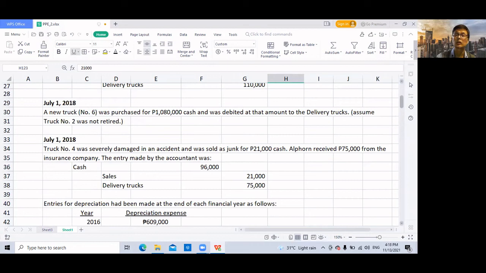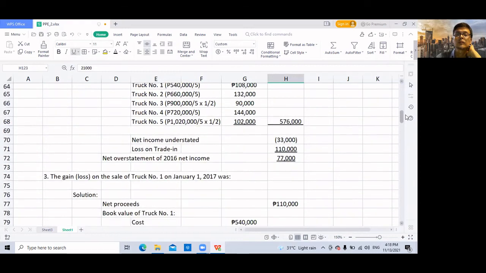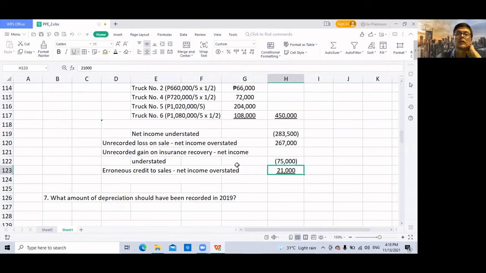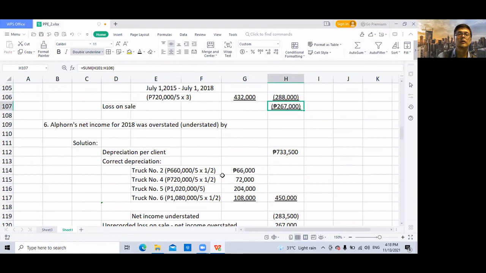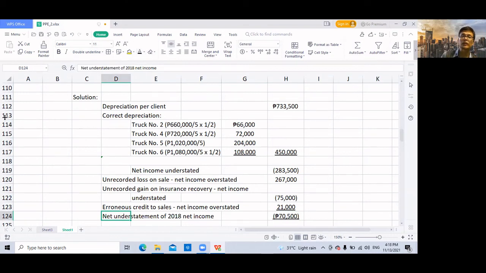Of course, this is also relating dun sa July 1, 2018 transaction. So we now get the total. So we have 70,500, which is the net understatement doon sa 2018 net income.